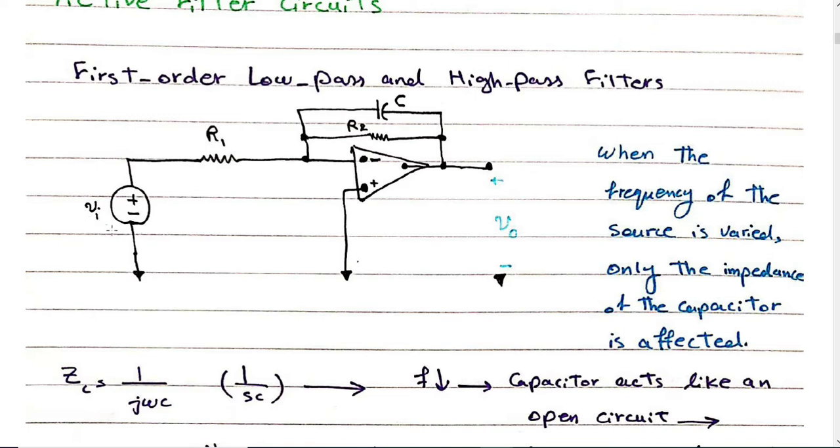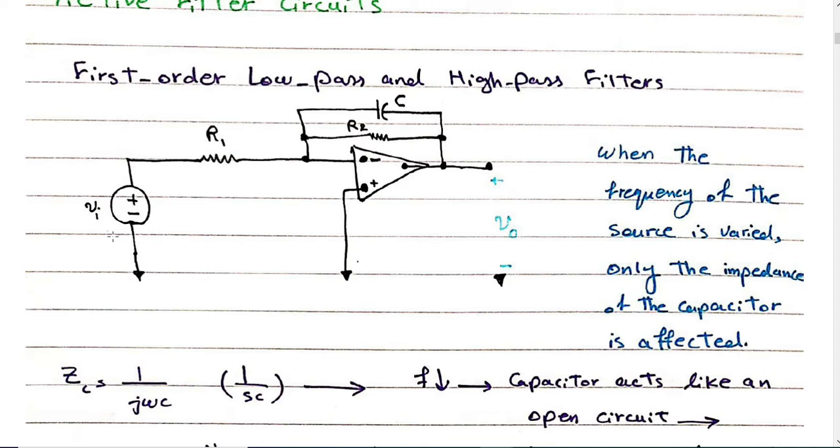So Vi is alternating. If it wasn't an alternating power supply, would you have a filter over here? Why? No frequencies.